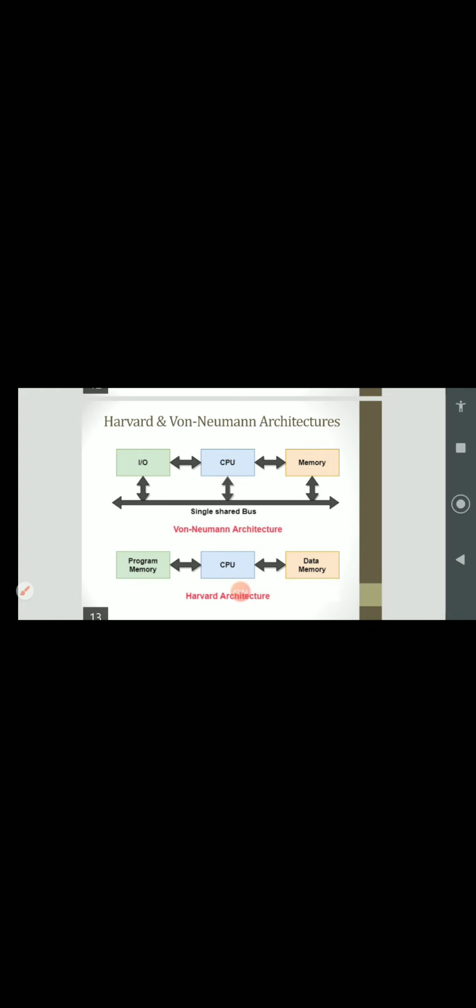Because of that single shared memory and single shared bus, it may occur in the Von Neumann, but such a case is not there in Harvard architecture style. Okay, once again you can go through this diagram.